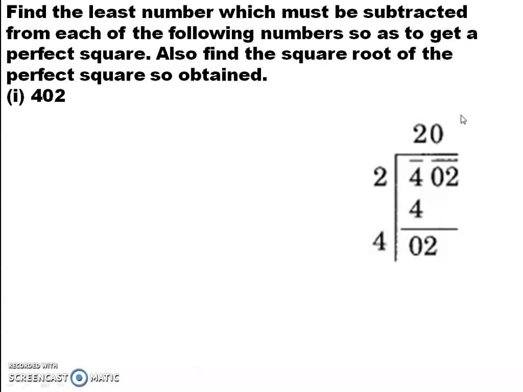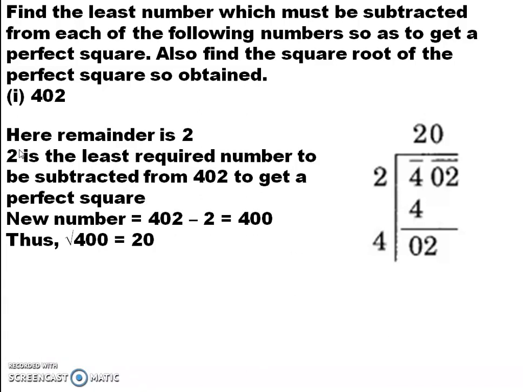Once again, what is the quotient here? The quotient here is 20 and the remainder here is 2. How will you get the least number that should be subtracted? Your remainder is the answer. 2 is the least required number to be subtracted from 402 to get a perfect square.